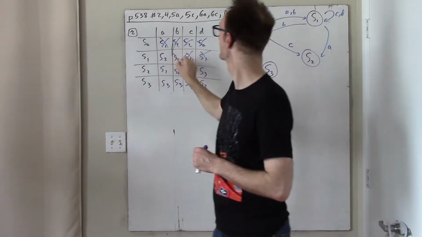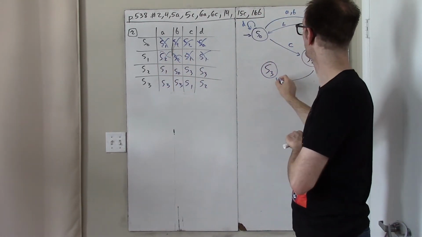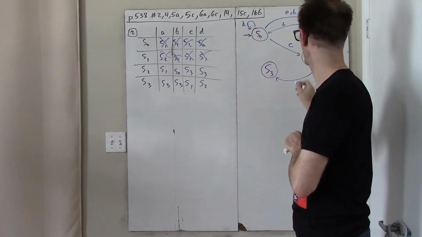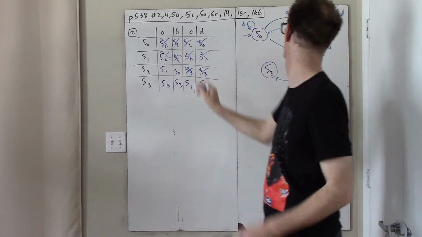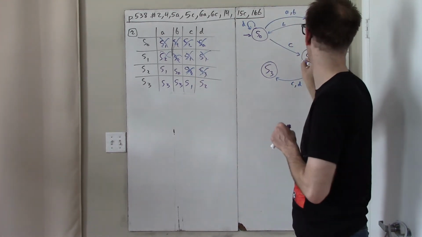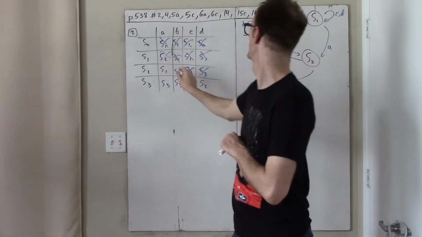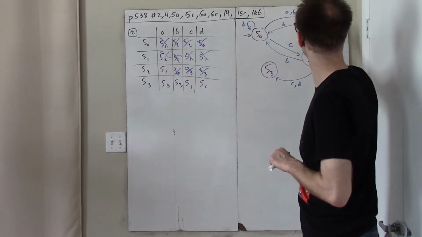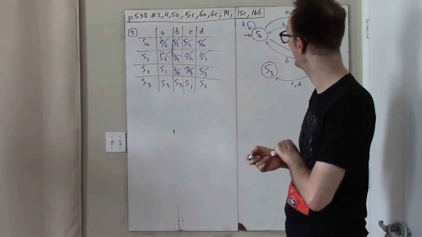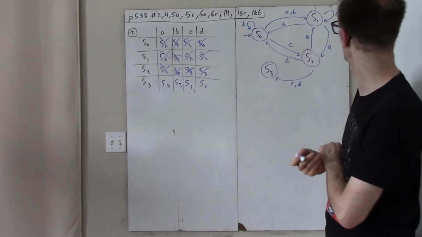So that's that. From S2, I should go to S3 if I read a C or a D, but I should go to S0 if I read a B, and I should go to S1 if I read an A. Sure, I guess I'm doing this right.